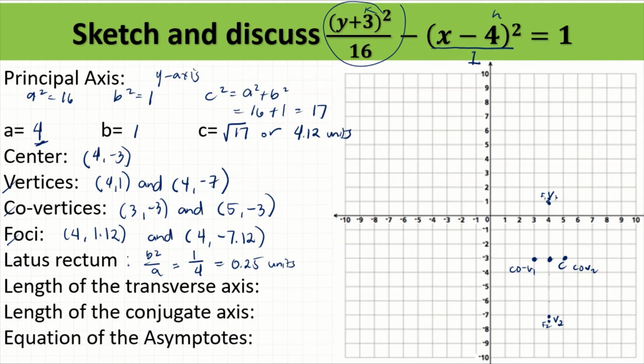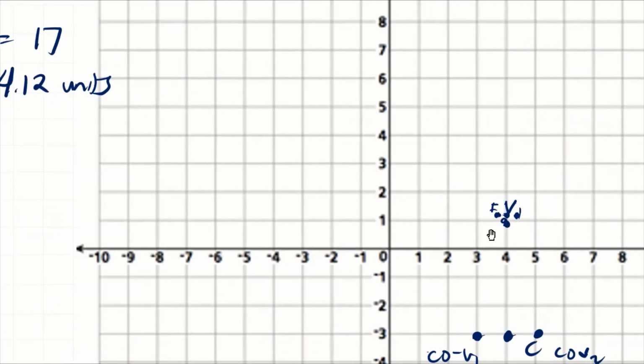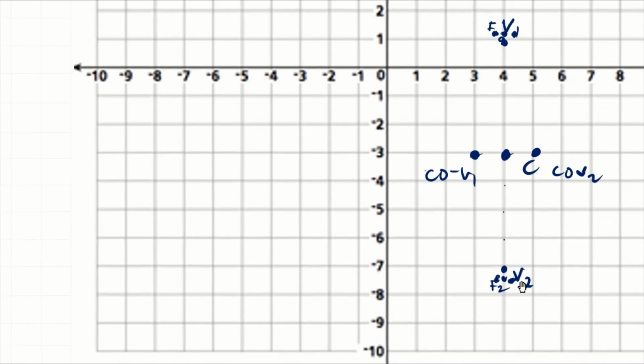So, tingnan yung aking pointer. Nandito yung 0.25 and dito rin yung 0.25. So, dito rin sa baba, dito rin yung 0.25 and nandito rin yung 0.25. So, kung lalakihan natin yan, okay? So, andito yung ating endpoints of the latus rectum and ganun din dito sa kabila, wherein nasa gitna is yung nasa foci.